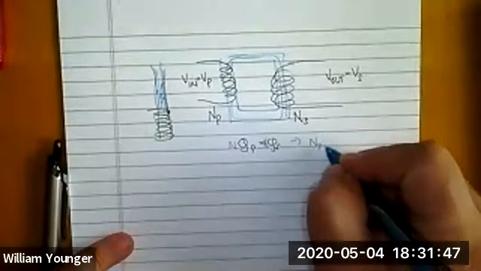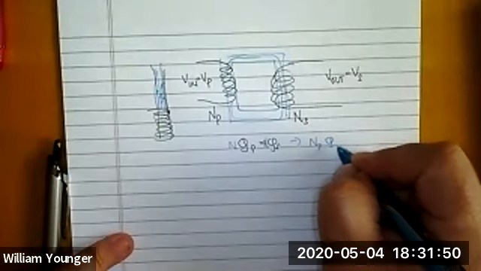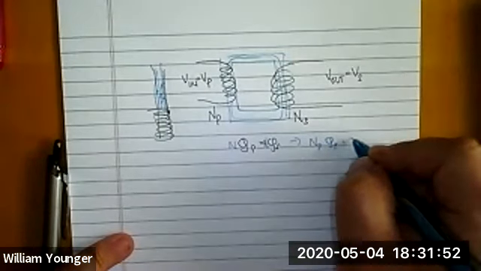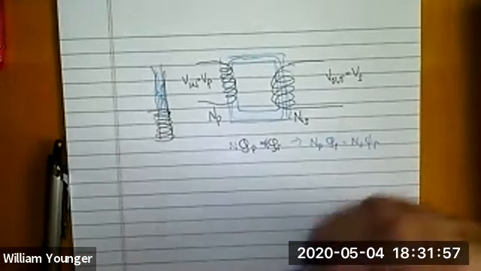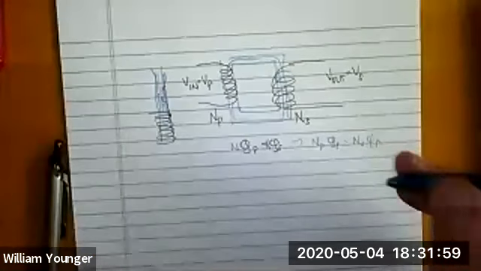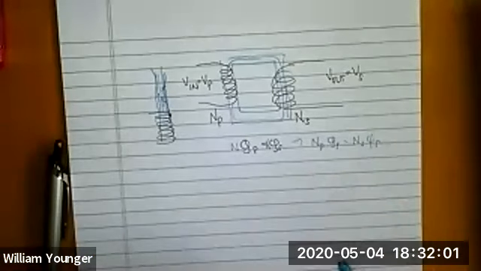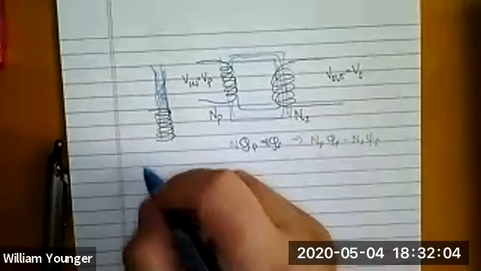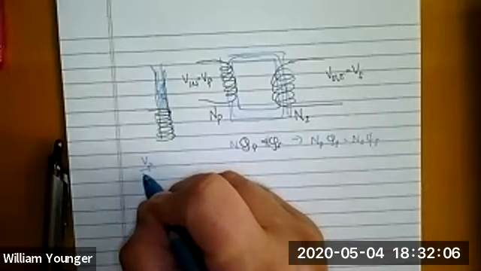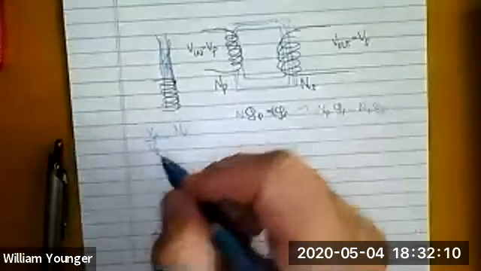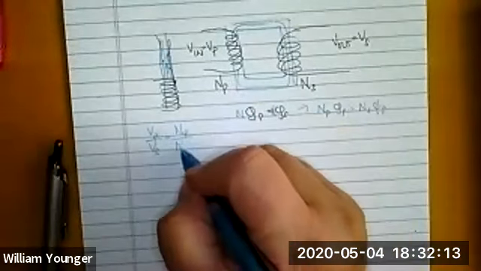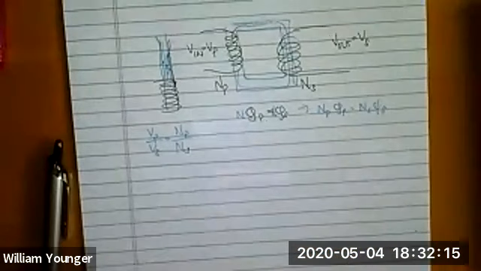So we'll say N primary times phi primary is equal to N secondary times phi secondary. Ultimately, take the derivative of all that, you can go ahead and get the voltage. What you're going to end up finding out is that the voltage on the primary side over the voltage on the secondary side is equal to the number of turns on the primary side over the number of turns on the secondary side.